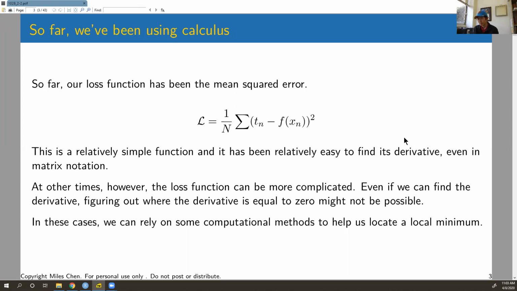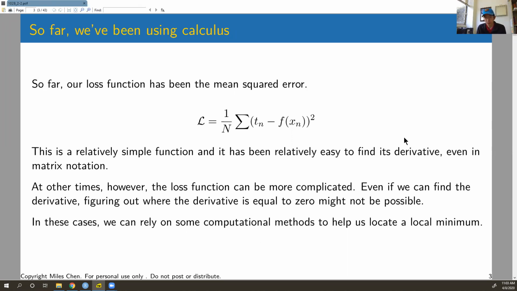And so I'm going to show you. So right now, we've been using calculus. So far, we've been doing calculus to solve for minimums. The way it's worked is we would have some kind of function. In our case, we've had the loss function, which is the mean squared error. But it doesn't matter.